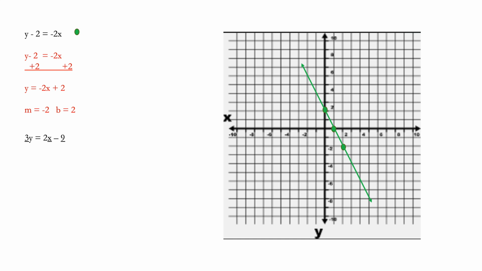Okay, so the problem with this one is it says 3y equals. We need to make it say y equals, so I divide everything by 3. That gives me a slope of 2/3, right? Because it's a 2/3 in front of the x, and the y-intercept at the end is -3. So I begin the blue line by touching at -3, which I don't know why I began at -5.